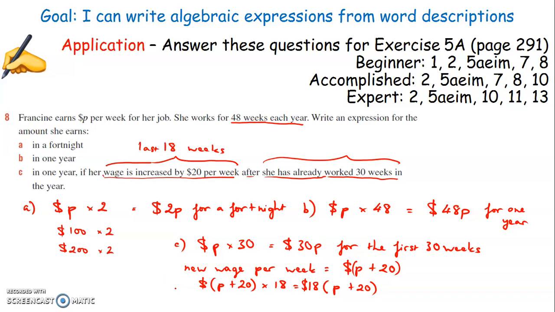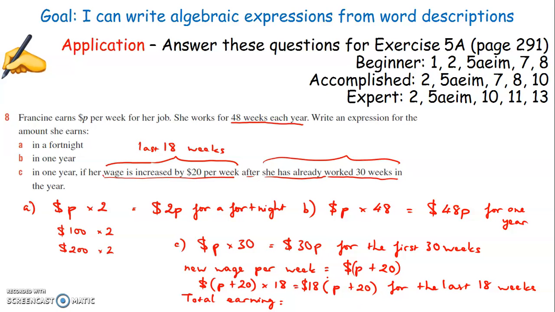And of course, we want to know the total earning. In the first 30 weeks, she earned 30p. For the last 18 weeks, she earns 18 brackets p plus 20 close brackets.